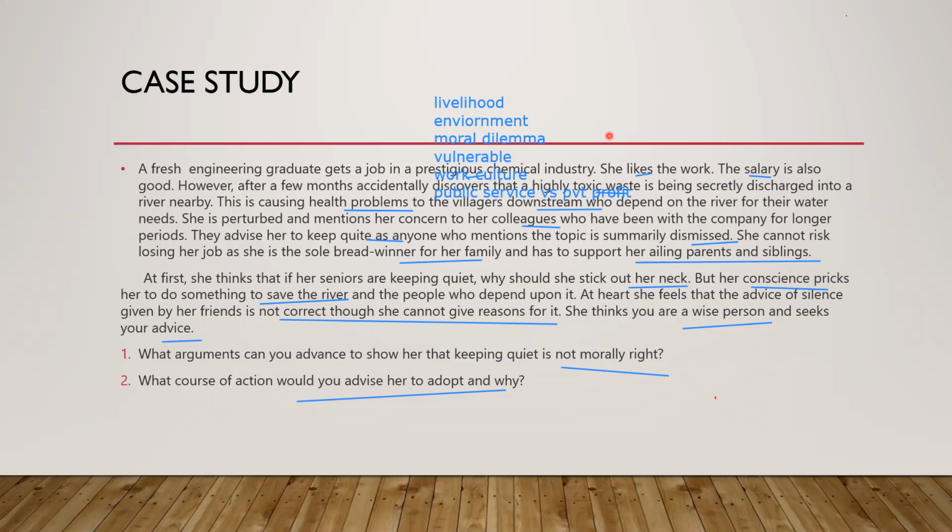Second, what course of action would you advise her to adopt and why. Those who write introduction and conclusion, suppose the question is of 20 marks, the best you can get is like 14. Without that you will get like 11 or 12. But if you are delaying finding the solution part, then it would become problematic and you might get only 7 or 8.